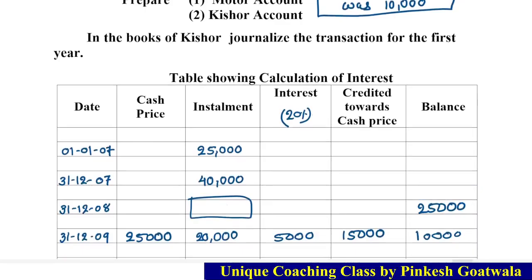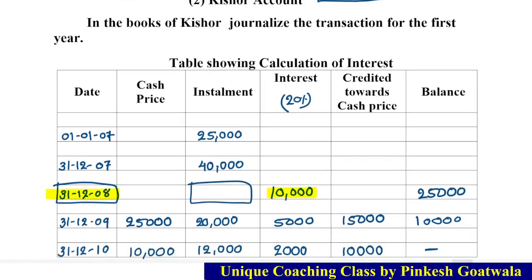On 31st December 8, we come to know from the journal that we have 10,000 interest on that date. Right? Clear? So this is the amount of interest which is available on this date. There is no installment, but its interest is available.